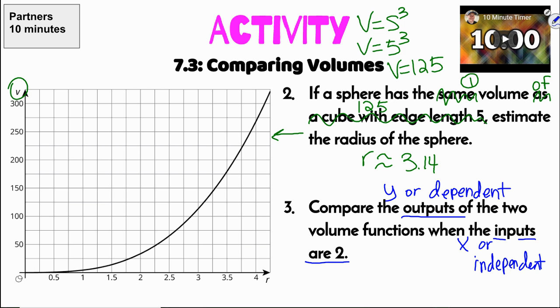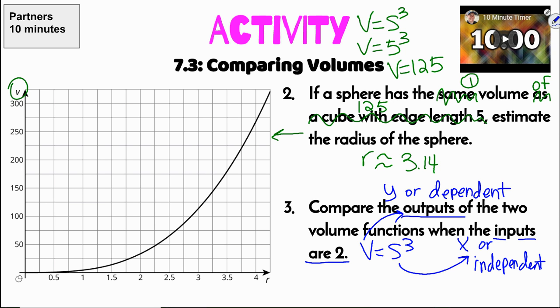Alright, so it wants us to compare the outputs of the two volume functions when the inputs are 2. If we look at the equation, v equals s cubed, v equals the edge length cubed, our input is going to be s. Our output is going to be v.